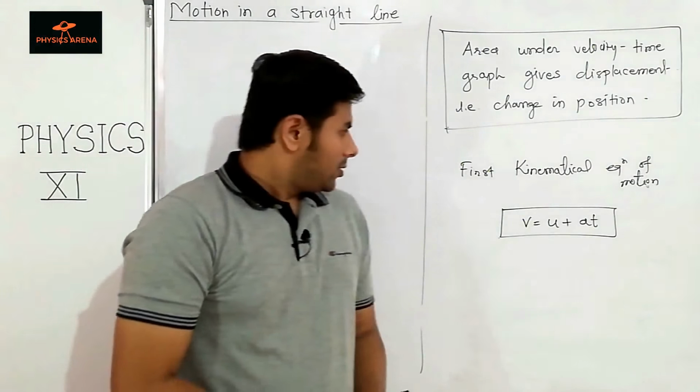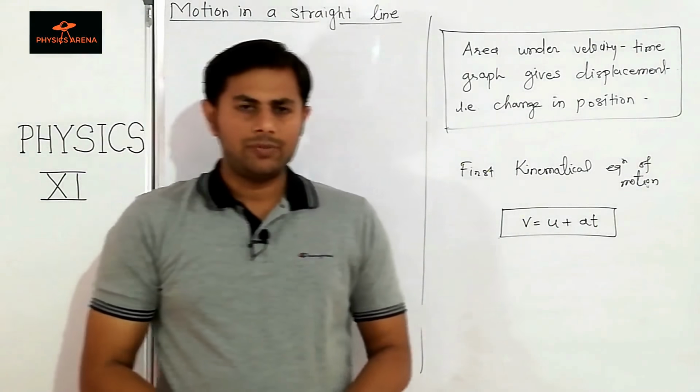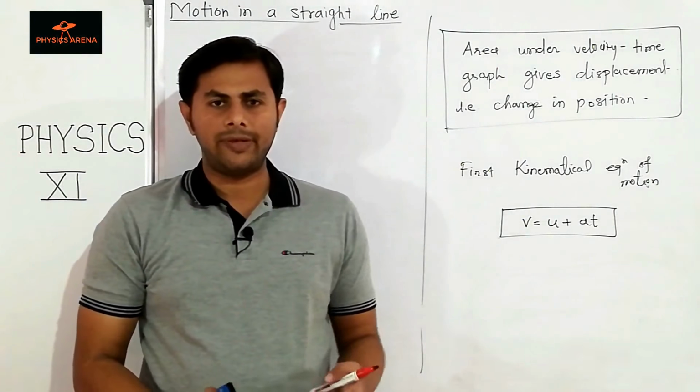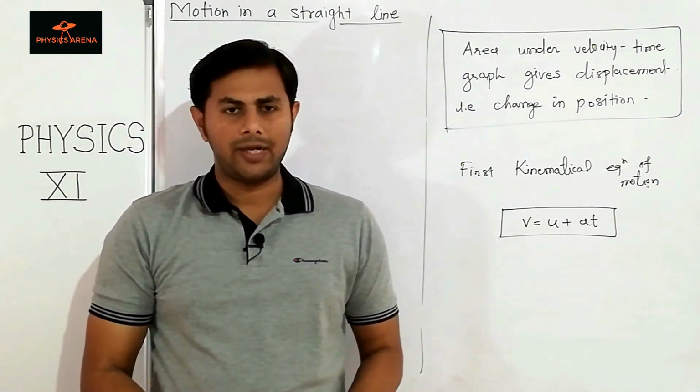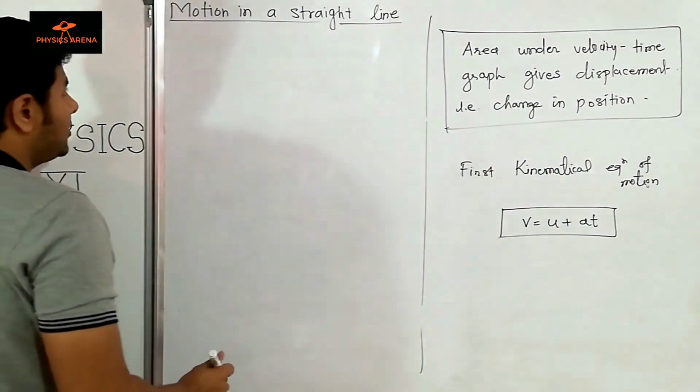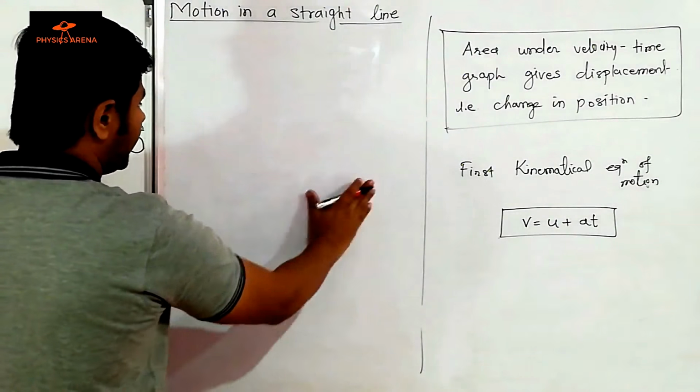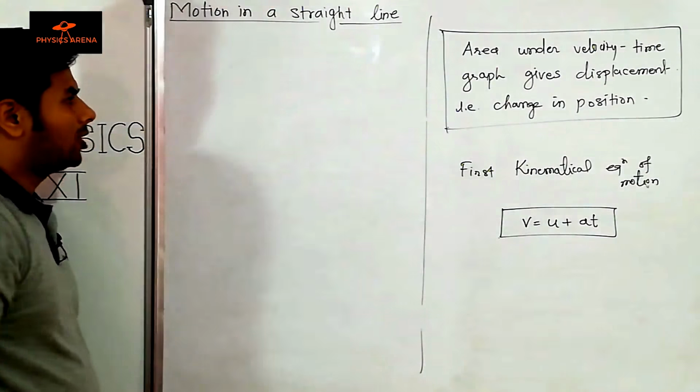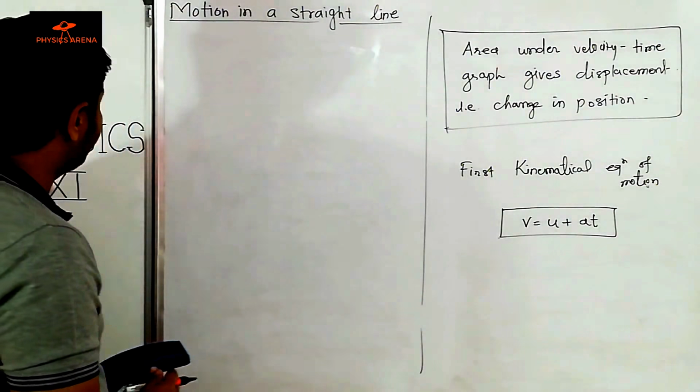So now we'll see the derivation of the next two kinematical equations of motion by using velocity versus time graphs. For that, we are interested in the particular case of uniformly accelerated motion.